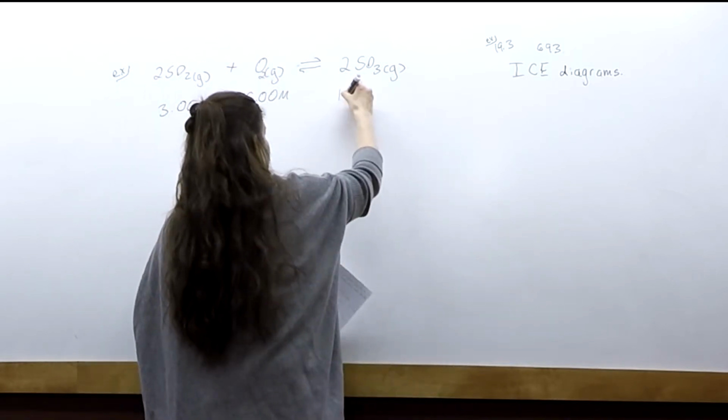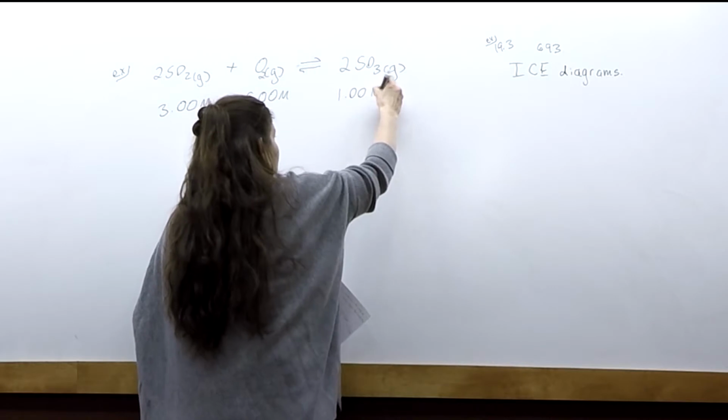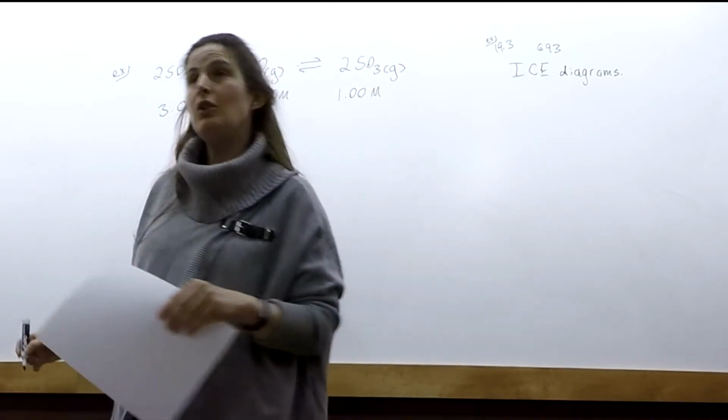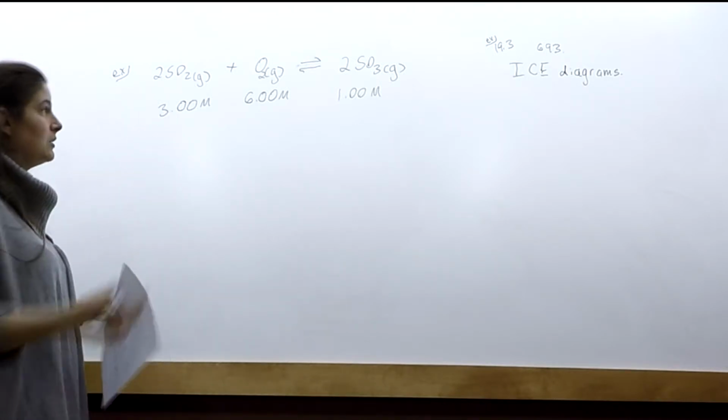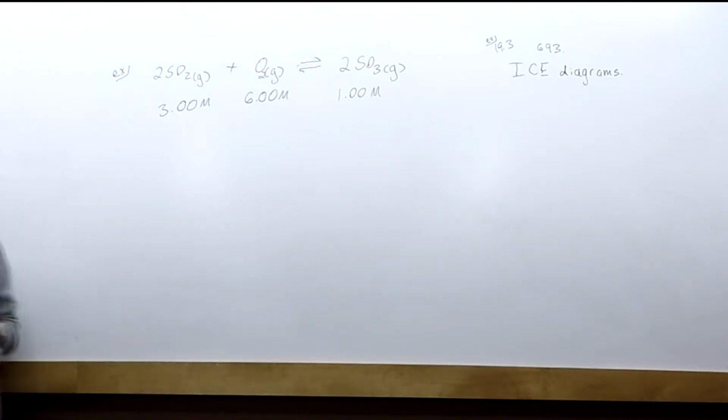And just to be different, they are also going to start the reaction with some of our product. Since these are reversible reactions, that is completely okay to stuff some of the product in to see which way our equilibrium is going to move or where it's going to be set at. So sometimes in these, you do start with some product.